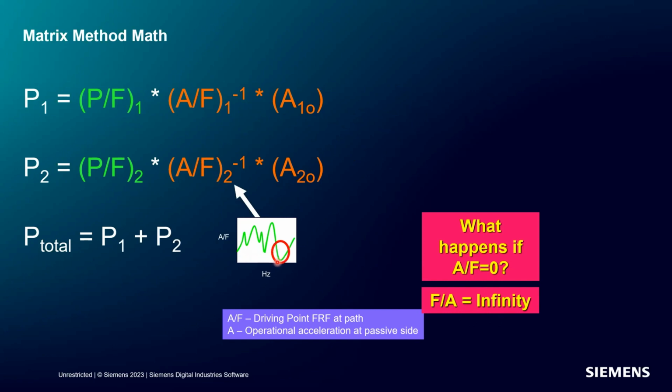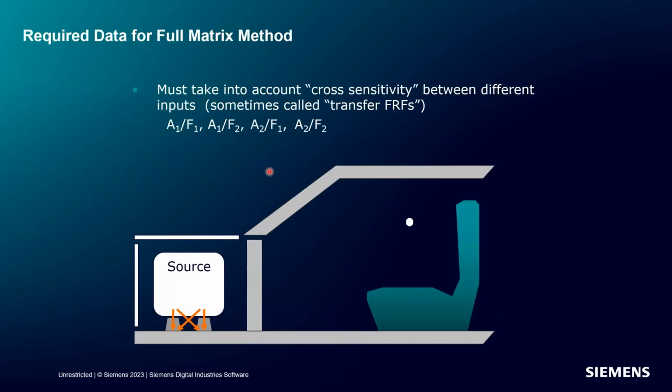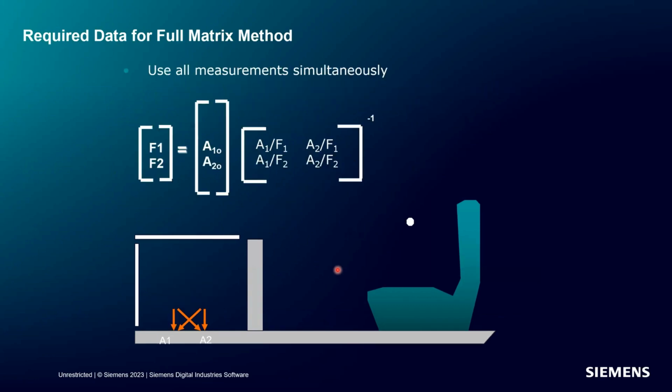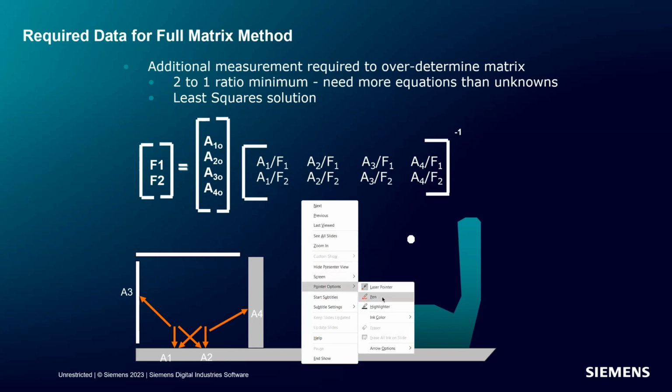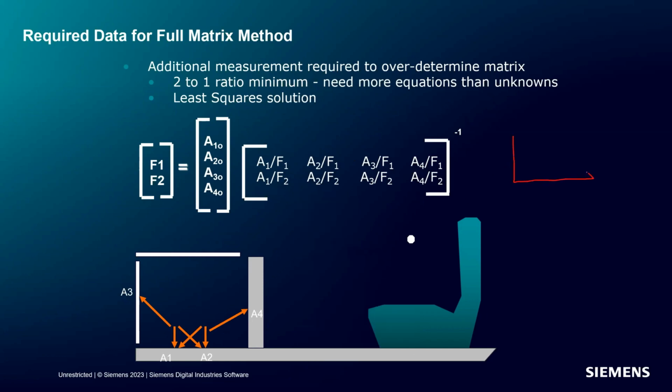What we want to do is measure cross FRFs between all the input locations, and then even add some additional FRFs to condition. And that's why we get this word matrix. We'll use a matrix of FRF measurements times operational accelerations to come up with the forces. And the idea here is, I don't know if I have a drawing, so I'll draw it manually: this FRF here, if I plot it, maybe it goes to zero right there, which would cause a problem.